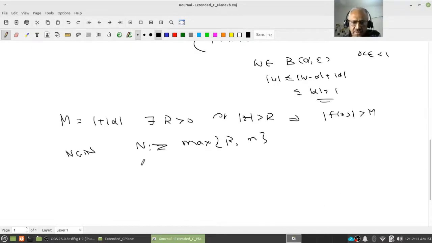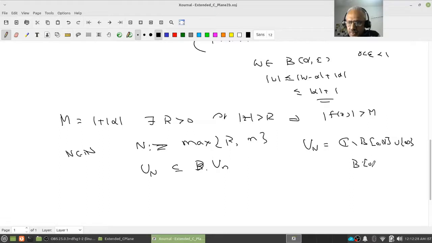Then notice that U_N is contained in U_n, because what is U_n? U_n is C minus B(0, n) union infinity, and B(0, n) is contained in B(0, N), and so on.